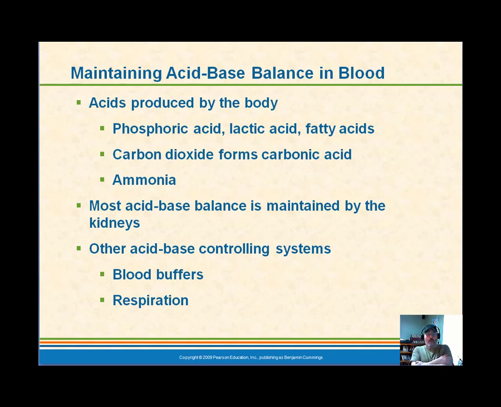There's phosphoric acid, lactic acid, fatty acids, and carbon dioxide in our bloodstream forms carbonic acid, which adds to the acidity of our bloodstream. That is why when you get a little acidotic, you will actually start breathing a little bit heavier so that you will blow off excess carbon dioxide. We also have ammonia in our bloodstreams.